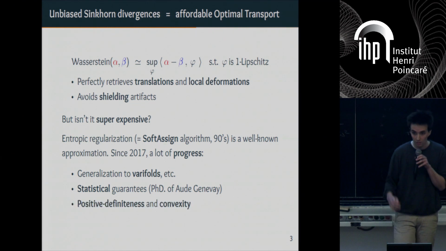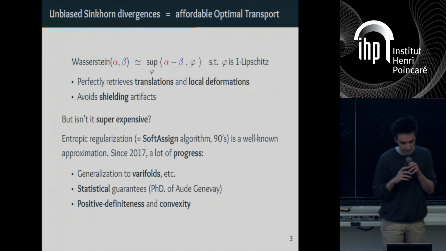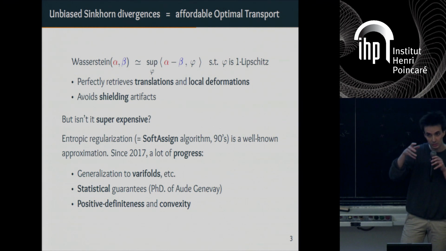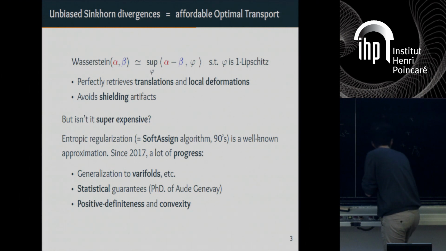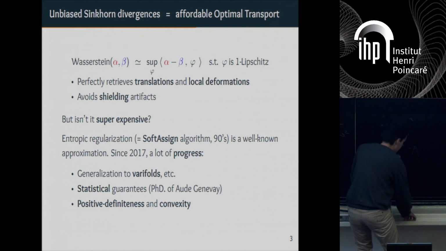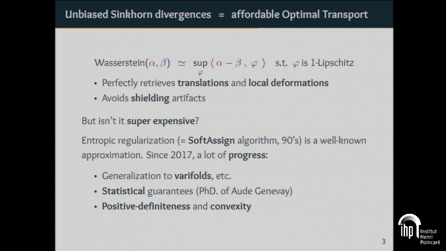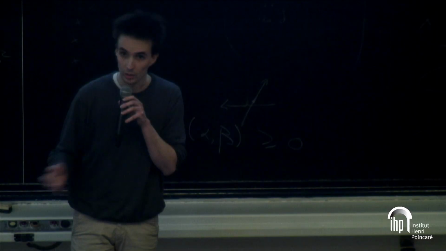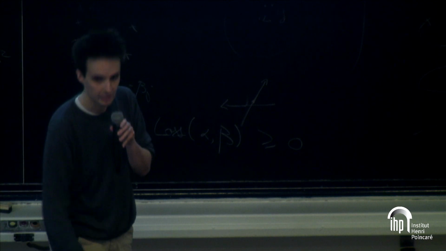Third, we can actually control the approximation that we make with the Sinkhorn algorithm and all that, and guarantee that the loss functions that we define are actually positive definite. So this means that your loss is always such that loss of alpha, beta is positive, and null if and only if alpha is equal to beta. And finally, we have super efficient multi-scale schemes which allow you to actually use it in practice.